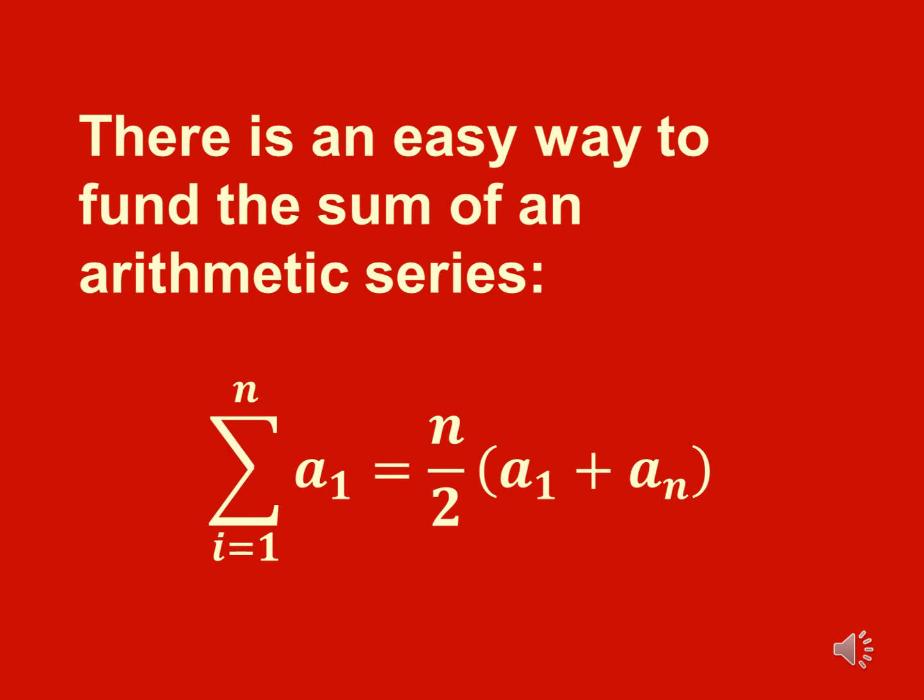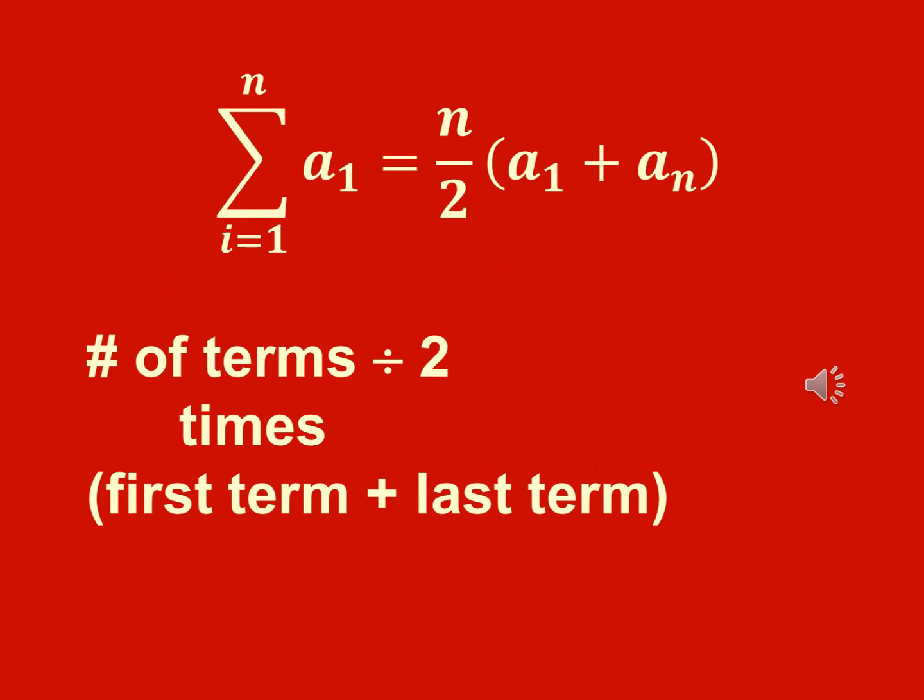You'll notice at the left it says i equals 1 to n, and we've got that sigma symbol. That just means we're adding up n terms, some number of terms. And on the right, we have n over 2 times (a1 plus an). The n over 2 just means we take the number of terms divided by 2.